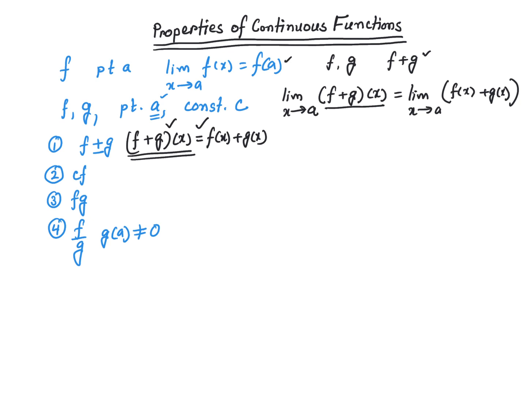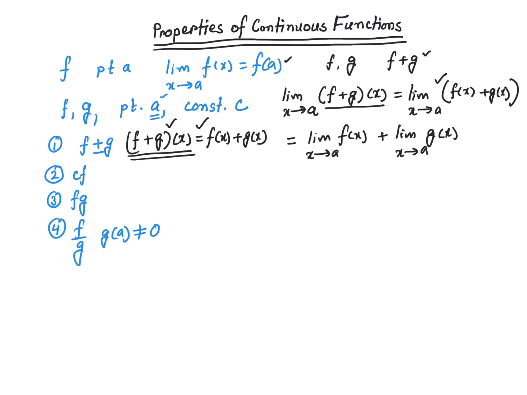Now, the limit of a sum of two functions is the sum of the limits. We are applying the properties of limits. So I could break this down into two pieces: the limit as x approaches A of f of x, plus the limit as x approaches A of g of x.